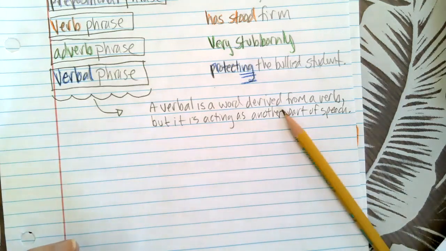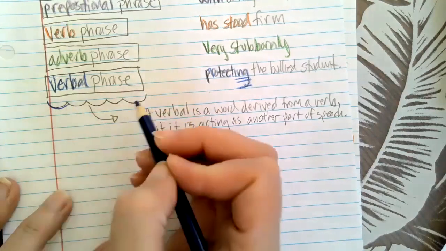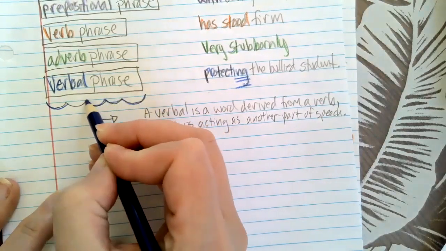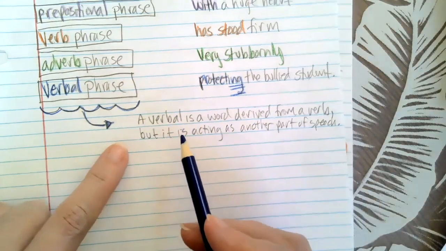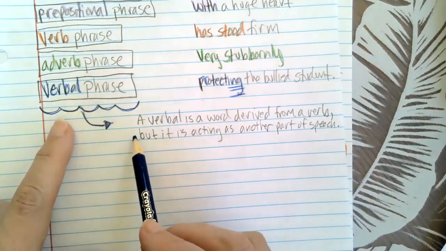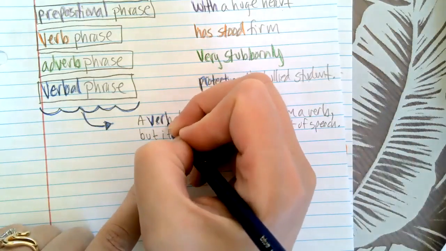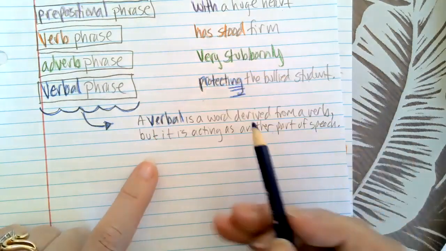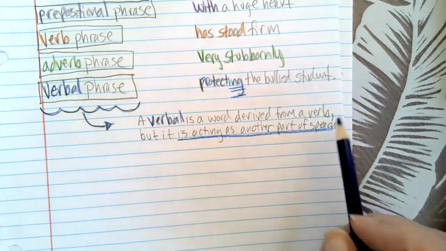So let's see here. All right, now we're going to go ahead and go over our little loopy thing here in heavy blue. Make sure that we understand that what we're discussing here is all related to this. And then "is acting as another part of speech" is a pretty important concept from this.